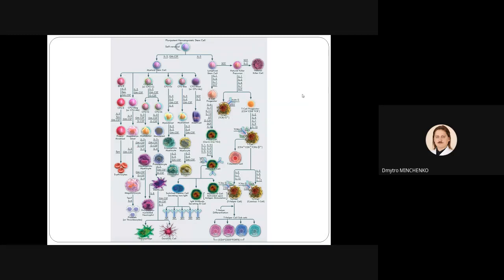Observe that the hemopoietic process requires various cytokines like interleukin 1, 6, 7, 3, 5, 4, etc., and various other factors in order for the precursor cells to mature into the final forms.